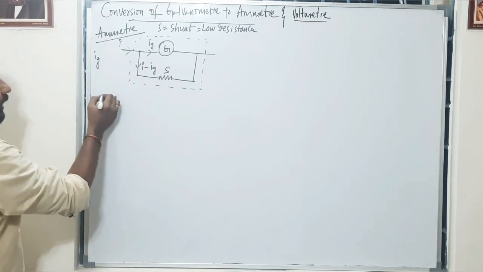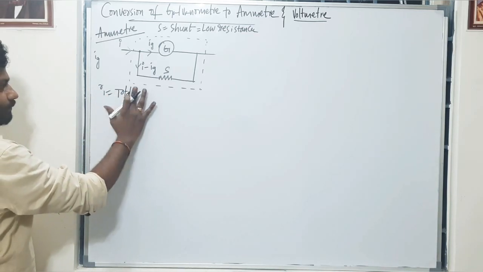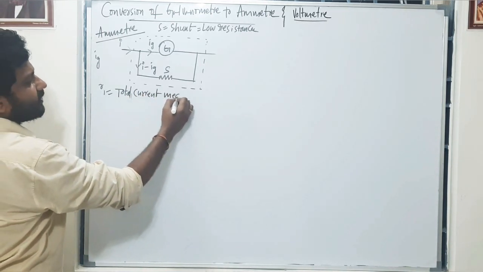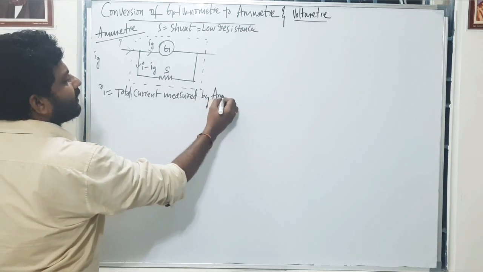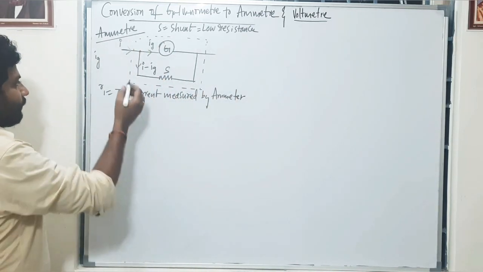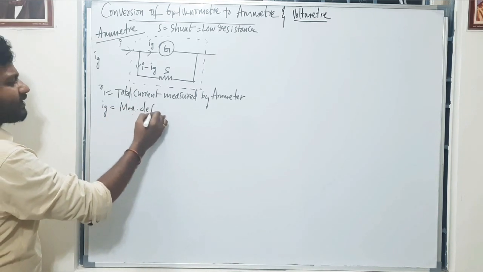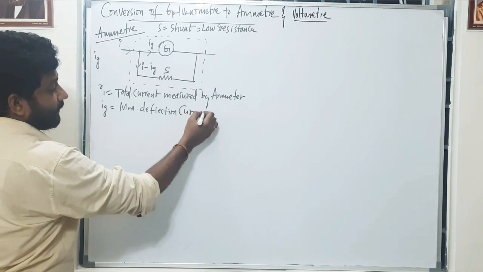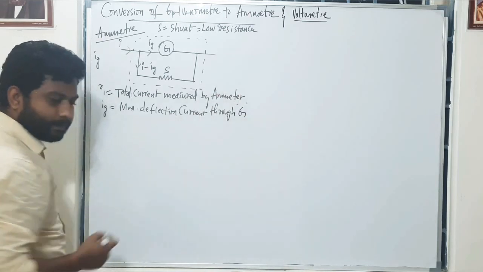So, current I is the total current that will be measured by the ammeter. What is the ammeter here? This complete setup is called the ammeter. Now, what is Ig? The maximum deflection current through the galvanometer.